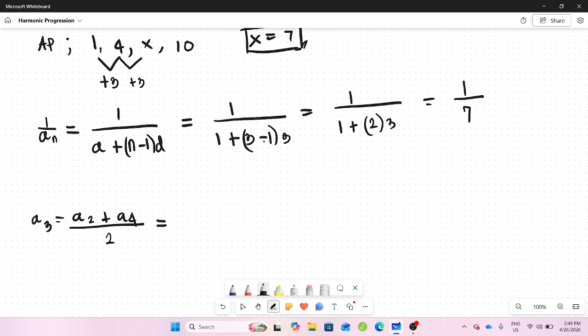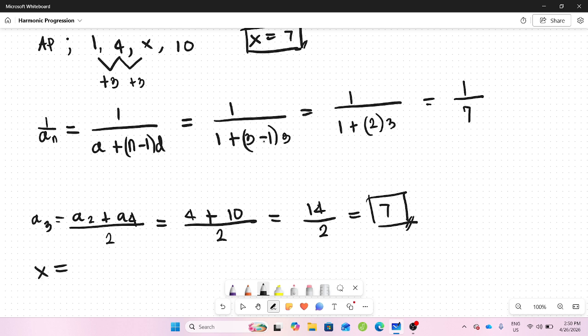So we get a2, which is 4, plus a4, which is 10, divided by 2. So we have here 14, divided by 2, we get 7. So the value of x is 7.